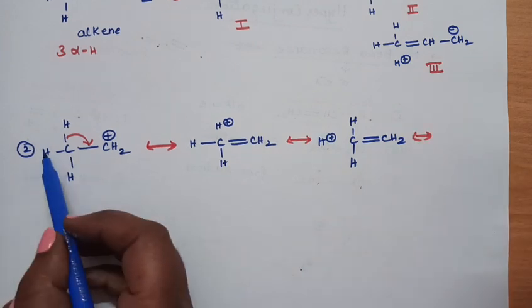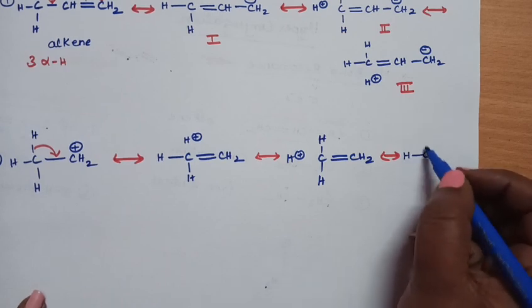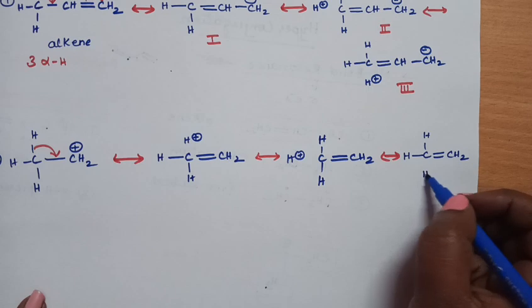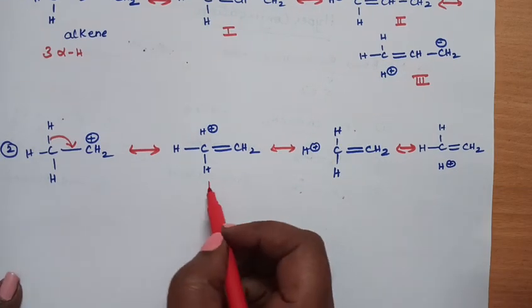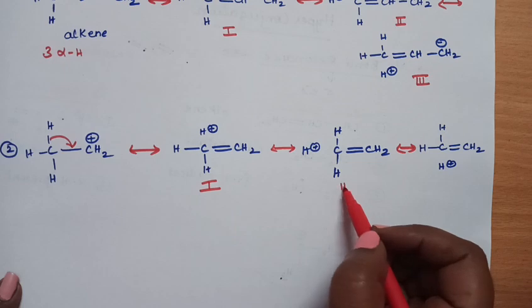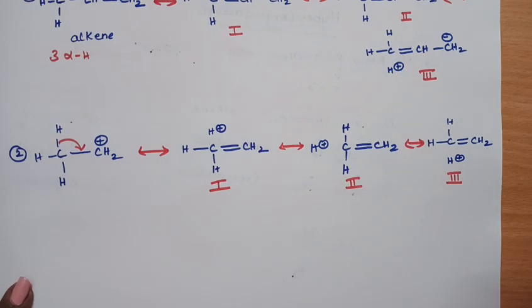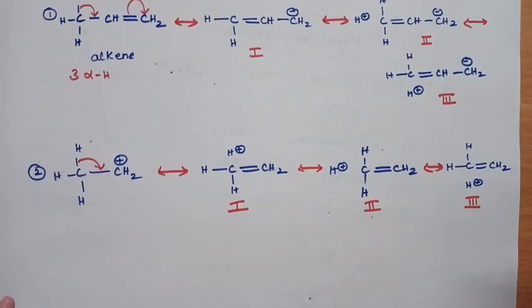Instead of this hydrogen, if this hydrogen leaves, then it will be hydrogen, carbon, hydrogen, double bond CH2, and here H plus. So this is the third structure. This is the first hyperconjugation structure, this is the second one, and this is the third one. So there are 3 hyperconjugating structures depending on the number of hydrogen atoms.